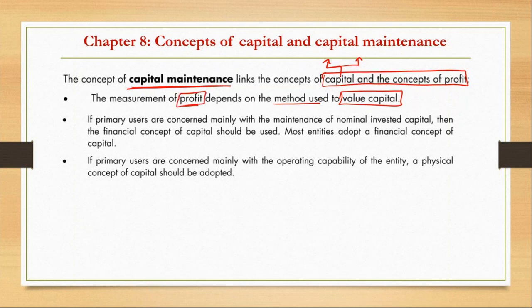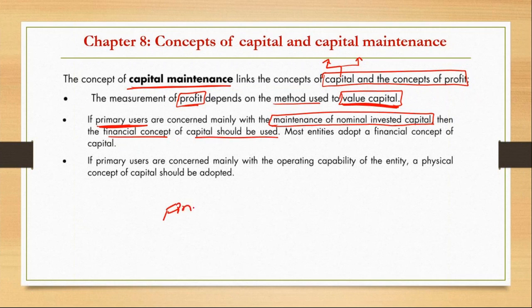Whether we are profitable or not depends on the value of the capital that we are going to use. So if primary users, meaning the investors, lenders and creditors, are concerned mainly with the maintenance of nominal invested capital, which means financial capital, then the financial concept of capital should be used.